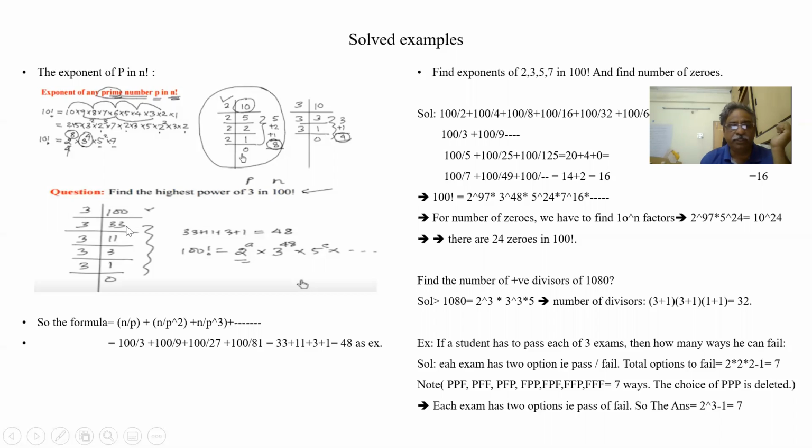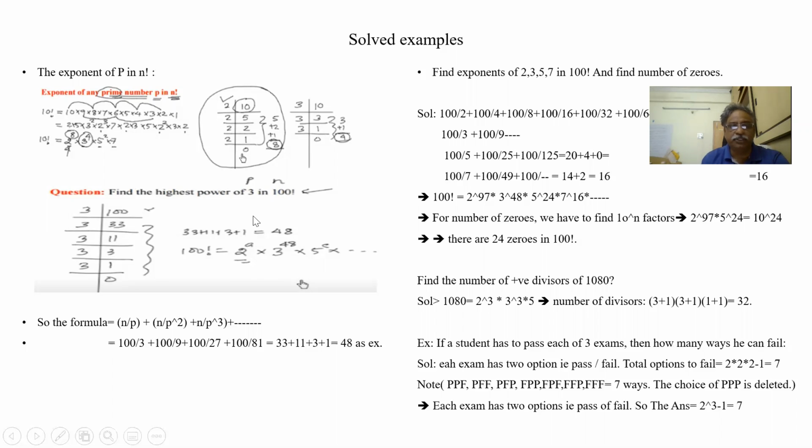When I add 33, 11, 3, 1, what I am getting? 44, 47, 48. So it has 3 to the power of 48 in its 100 factorial. So the highest power of 3 in 100 factorial is 48. I should not add 100 here because it is starting from 33. 100 is the number whose factorial I am dividing.